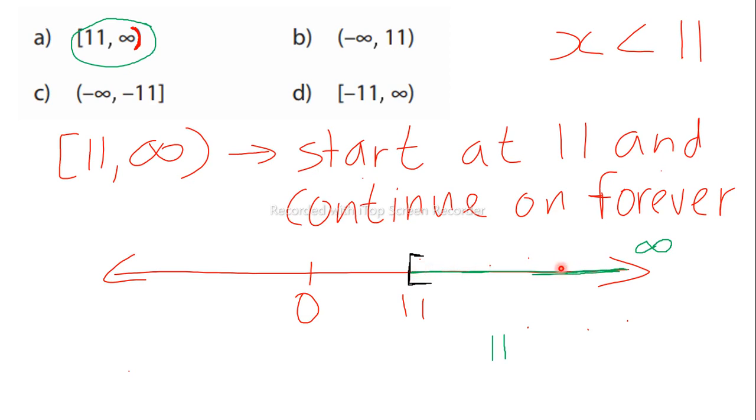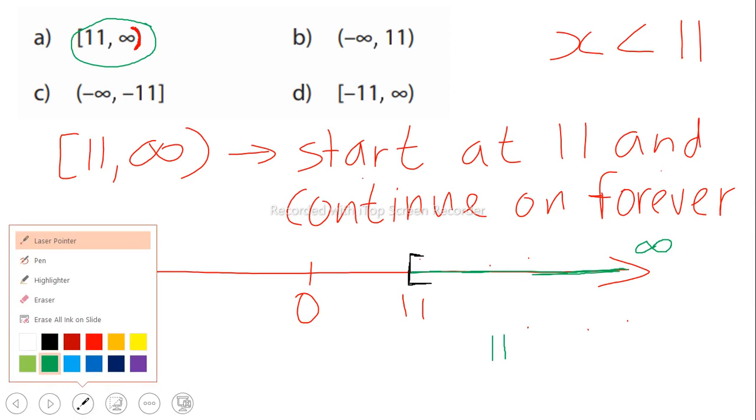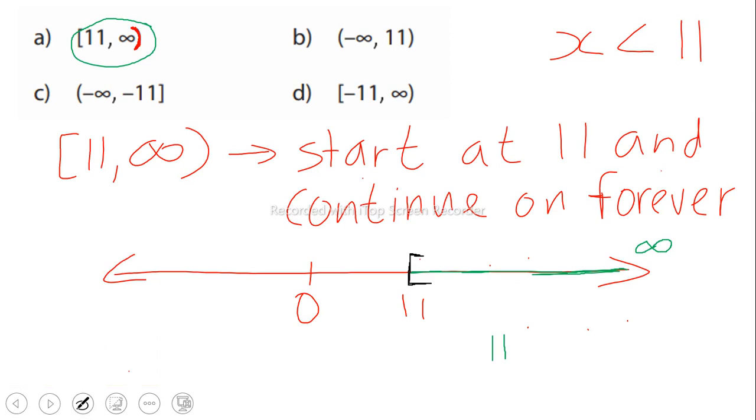So if we were to write this in terms of inequality notation, we would say that in order for x to satisfy this inequality, x must be bigger than 11. So this inequality represents this graph and also this interval notation, which is 11 and continue on to positive infinity.